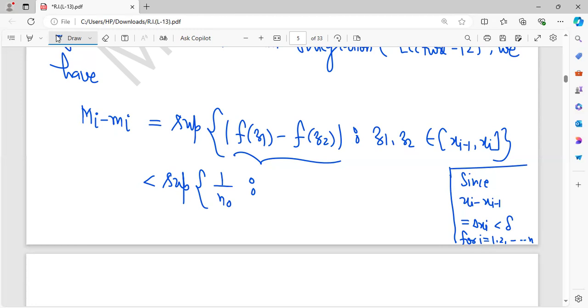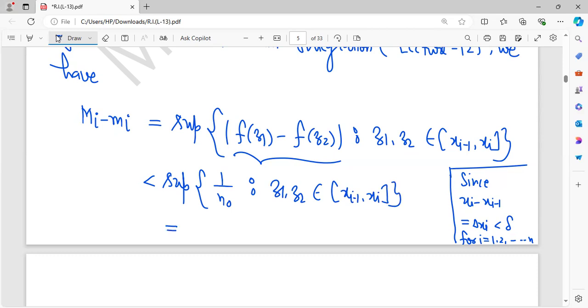Okay. So for this quantity, you take any z1, z2, their distance also will be less than delta because they are lying in this interval. So this is less than 1 upon n naught for all z1, z2 belonging to [x_{i-1}, x_i].